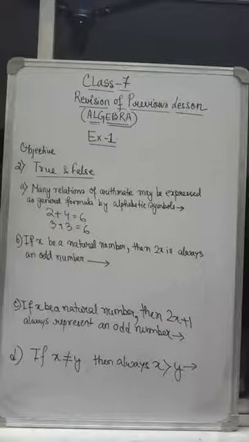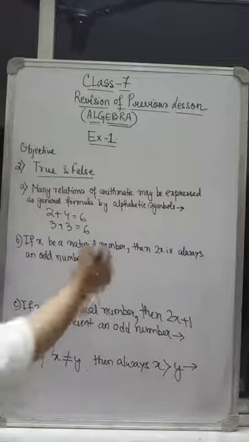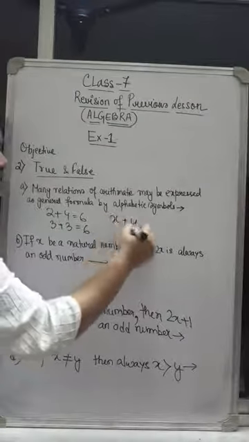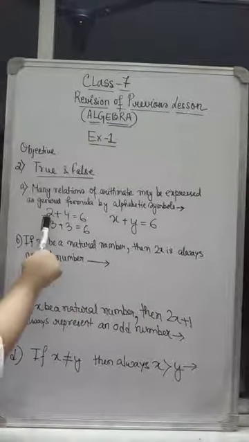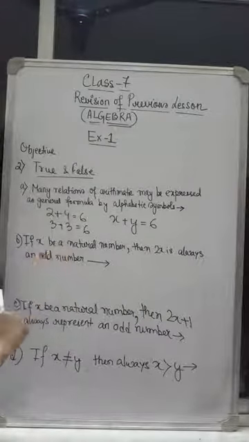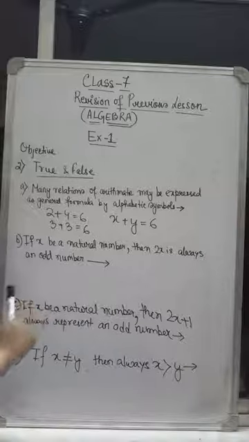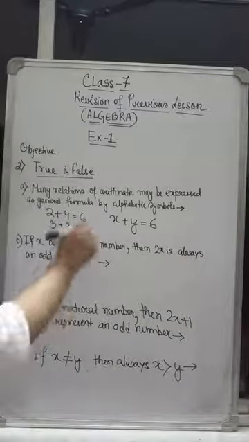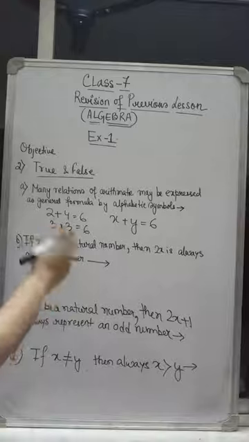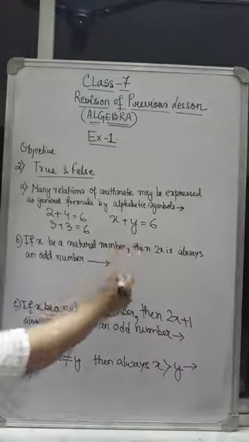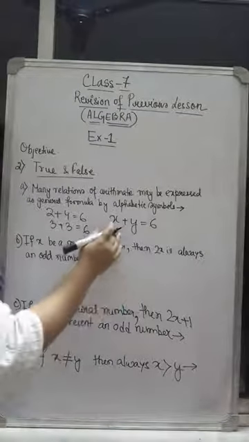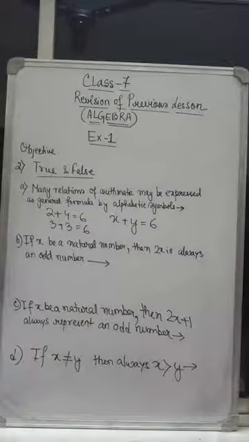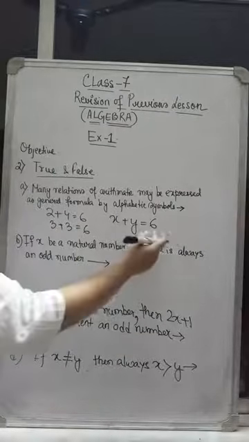So can we write in alphabetic form that the sum of two numbers is equal to 6? It can be anything. Either I have taken the two numbers 2 plus 4 or the two numbers 3 plus 3, but both of them give me 6. So in general, I can express the relation in algebraic form by using the alphabets: the sum of two numbers x and y is equal to 6.